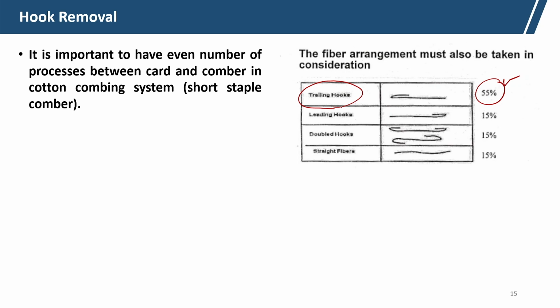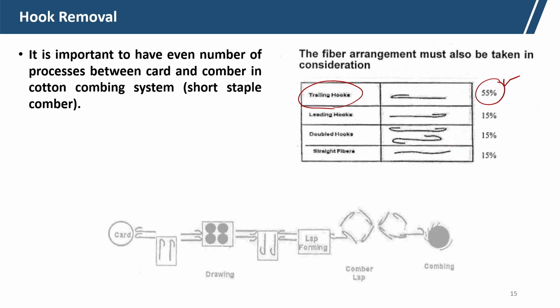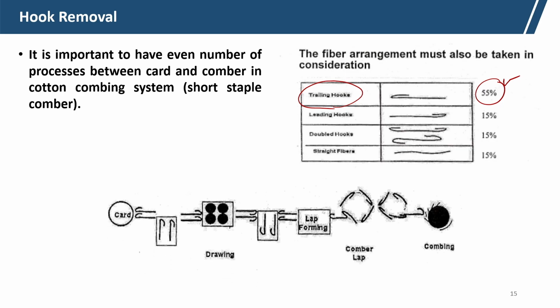So, our target should be to remove the trailing hooks in the comber. Now, this is the carding machine. Carding produces the trailing hook, the major hooks, which is shown by this direction of the hook. Now, this is the card can. Now, in the draw frame, in the drawing, what happens?